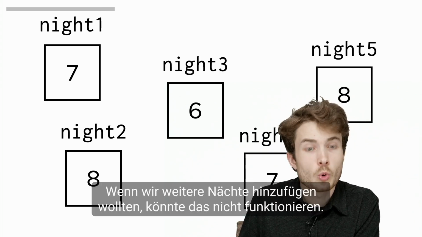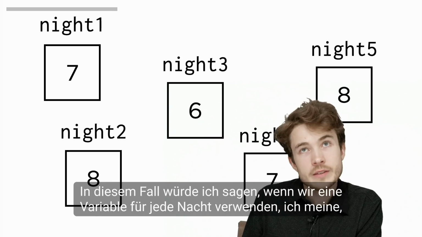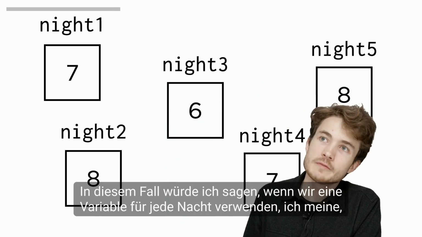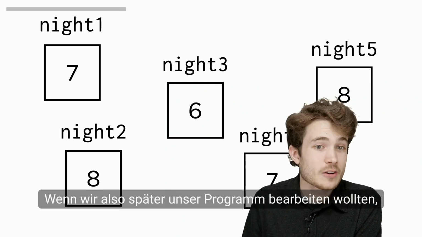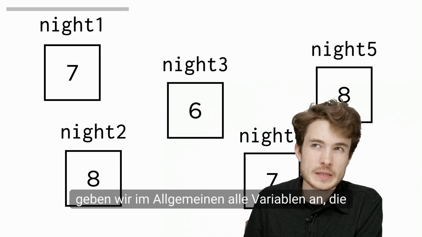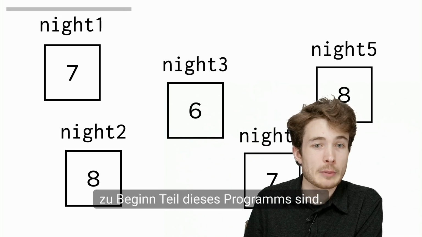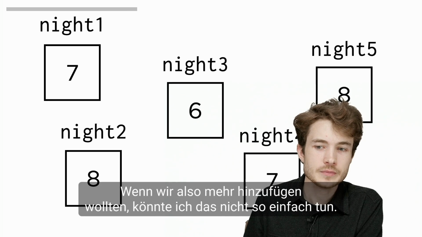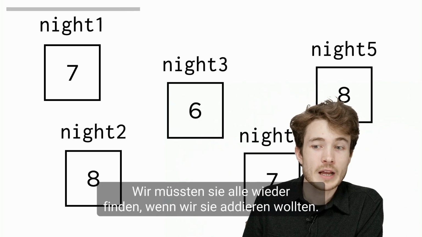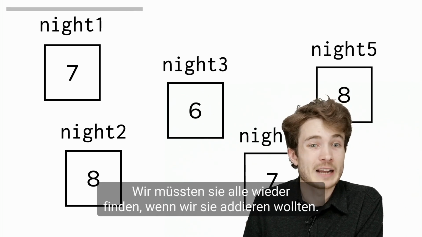If we wanted to add more nights, it might not work. I would say if we're using one variable for every night, I think you're right. If we wanted to later edit our program, we generally specify all the variables that are part of that program at the beginning. So if I wanted to add more, I couldn't quite do that. We'd have to find them all over again if we wanted to add them up.